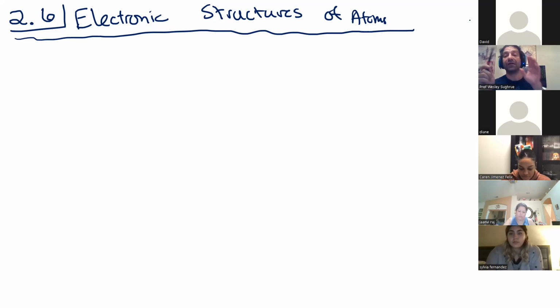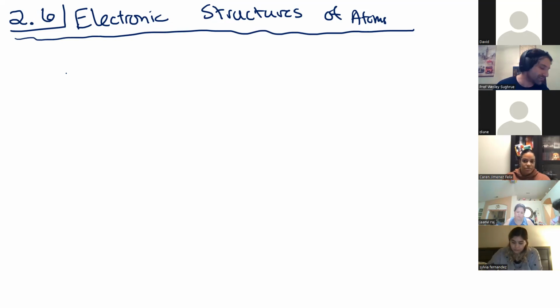But Schrodinger is an incredibly central figure when it comes to the electronic structures of atoms. Everyone knows Einstein's name, not everyone knows Schrodinger, but he is incredibly important. Awesome dude, very smart, and so was Einstein.